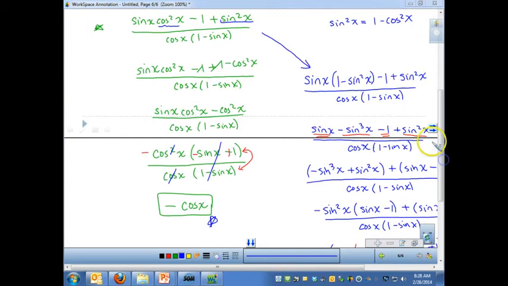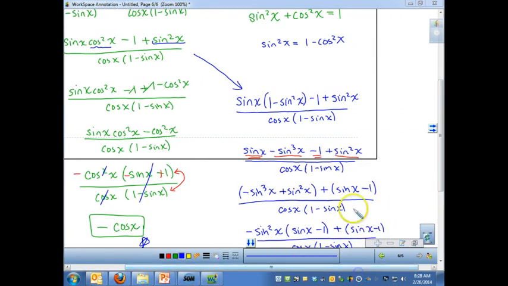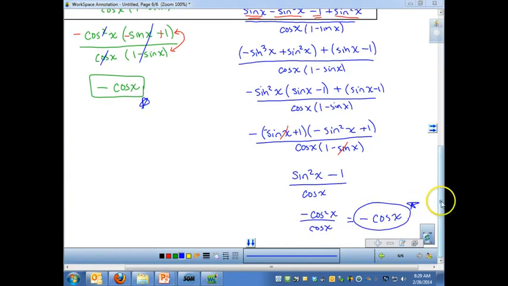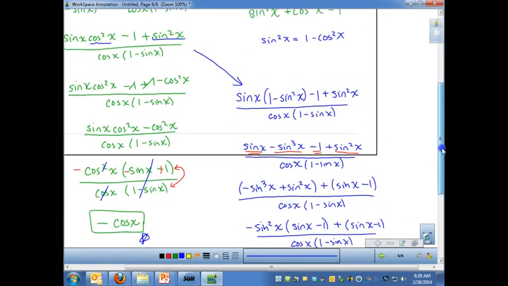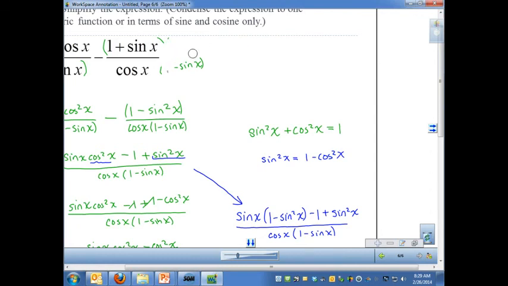So, if I had seen this first, replacing the sine squared first, then I would come to this conclusion. And if I decided to replace the cosine squared, I would come up with this solution, which, again, is a lot more detail, a lot longer. But either way, the answer to this question is negative cosine of x.